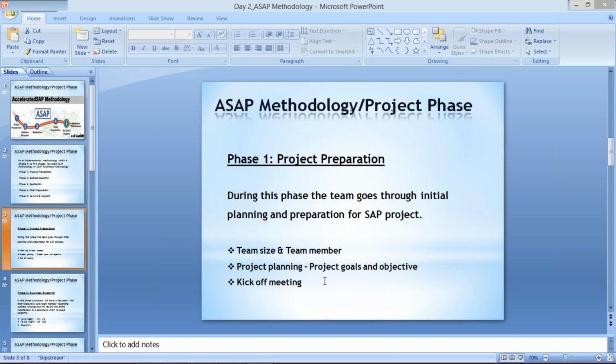First, he has to decide the project team size and team members, and then planning for the project, like what the project goals and objectives are, any deadlines and other things. And then the kickoff meeting. So the first phase I have already explained.